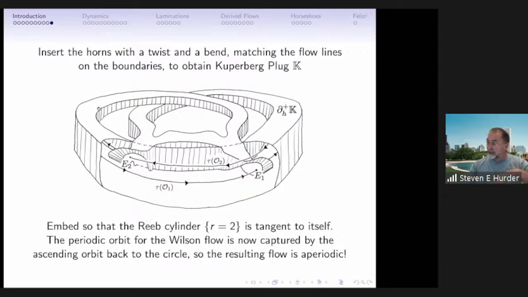And what's missing in this picture is all this notation, the face E1, entry 1, E2, is that this E1 is the bottom of the plug. So it starts going in and spinning, climbing up the Wilson flow as it goes up to its periodic orbit. But before it can get there, it's going to hit the insertion again. And so she built into this example a recursion process which goes forever.